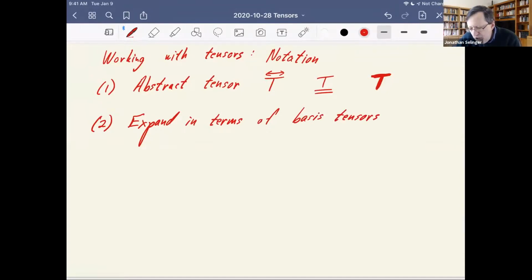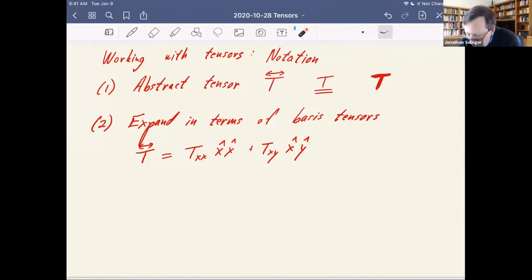So the same way that people expand a vector in terms of basis vectors, we could say that the tensor T as an abstract object is Txx times x-hat x-hat plus Txy x-hat y-hat, right? So each of these things is a basis tensor, which means some input comes in the y direction that gives some output in the x direction, right? It's input on the right, output on the left.